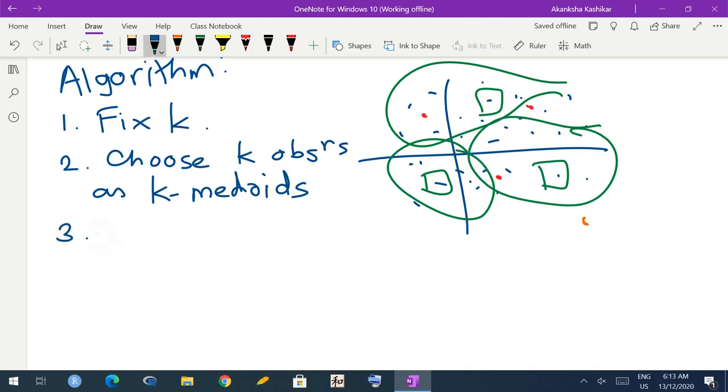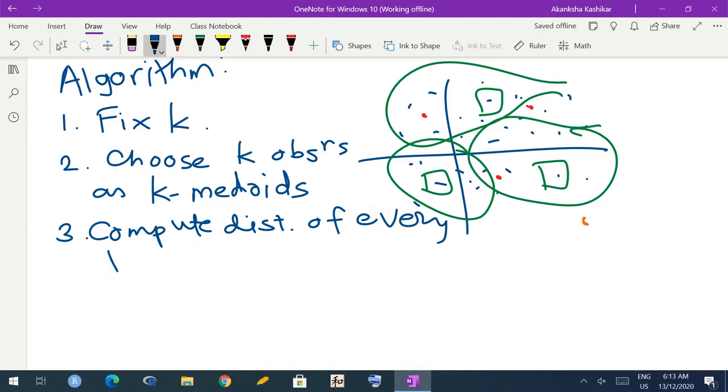So, compute distance of every observation from every medoid. Assign each observation to the closest medoid.